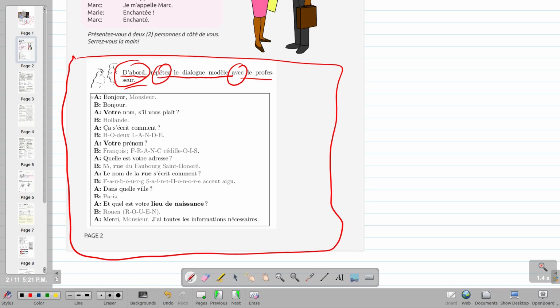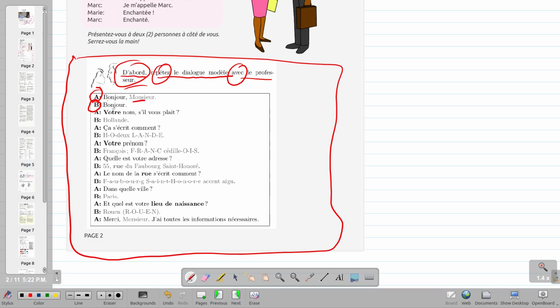So here in this box you have individual A and individual B. They're going to hold a dialogue. Just pay attention to what they are saying, because we are going to learn from it how to say certain things, such as give our name, spell our name, give our address. So here, A says to B, bonjour monsieur.